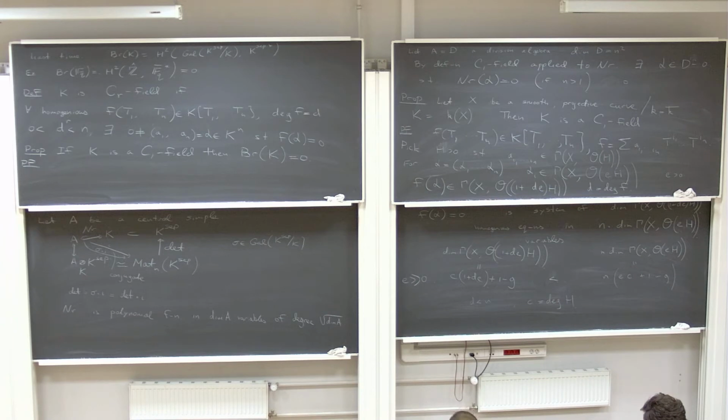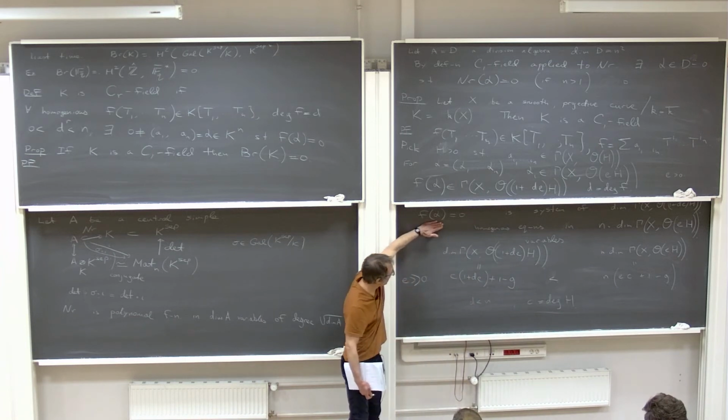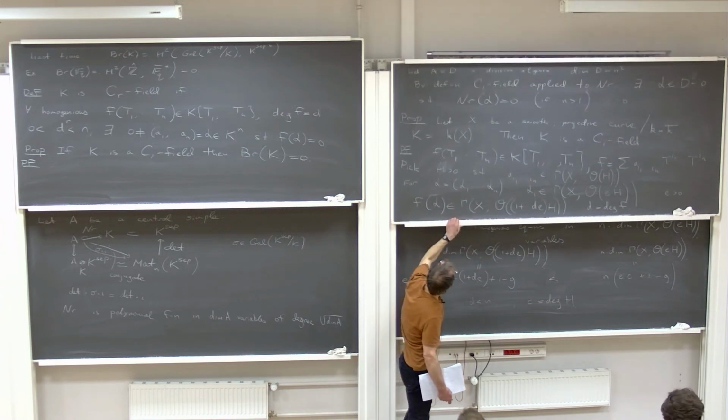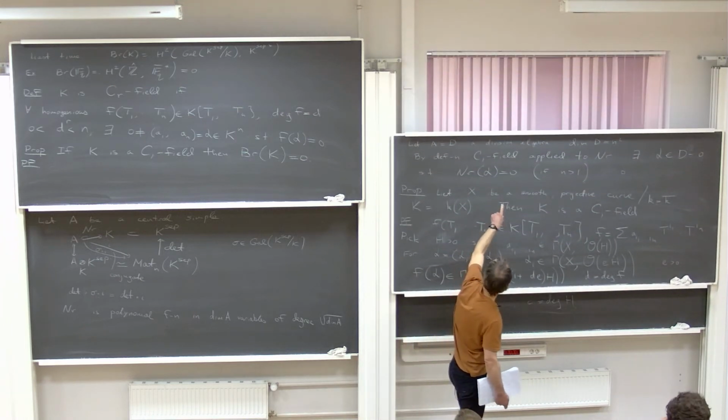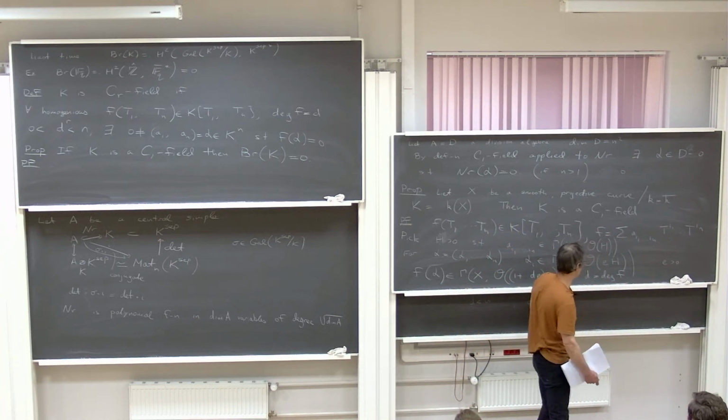Okay. So, therefore, what do we have? We think of this as a system of linear equations with coefficients in our base field K bar, an algebraically closed field.